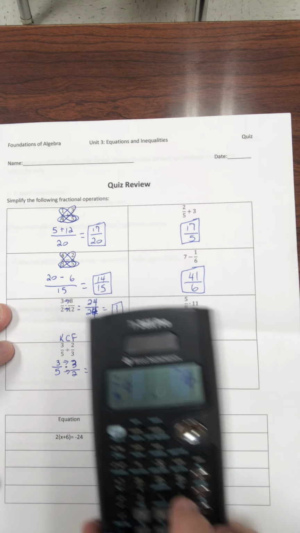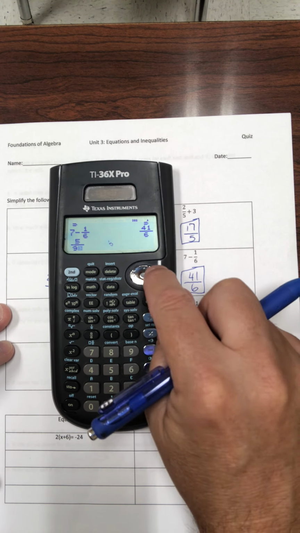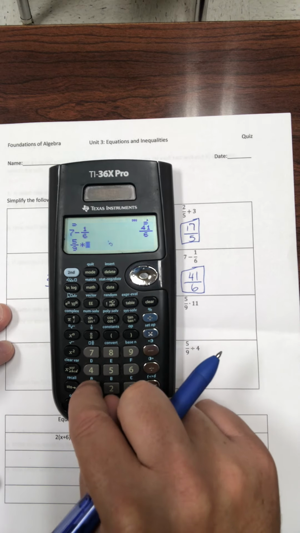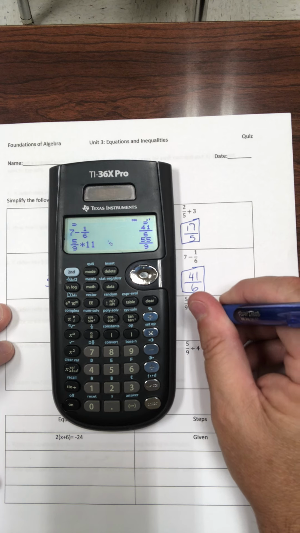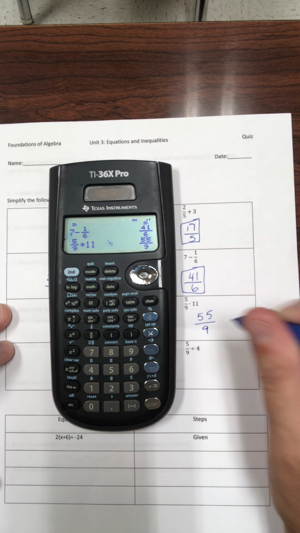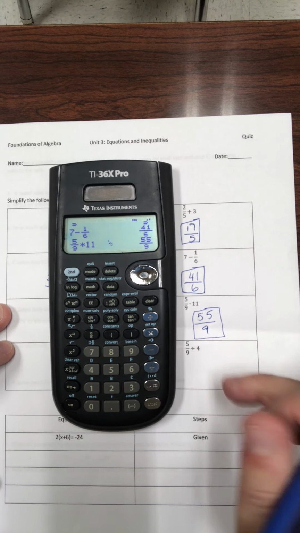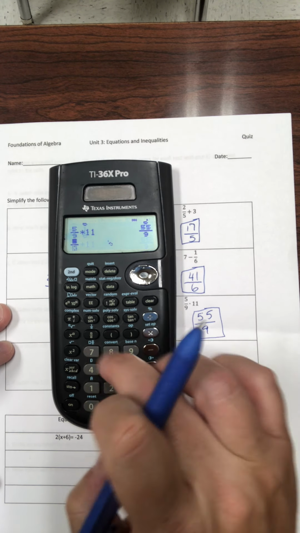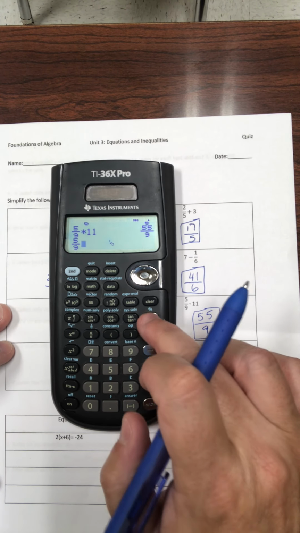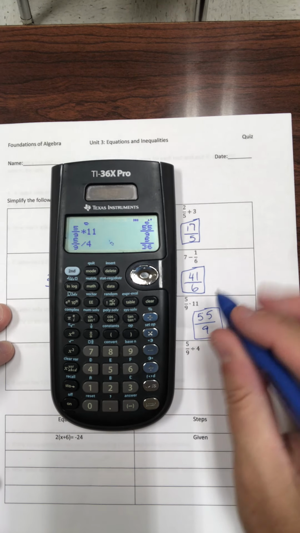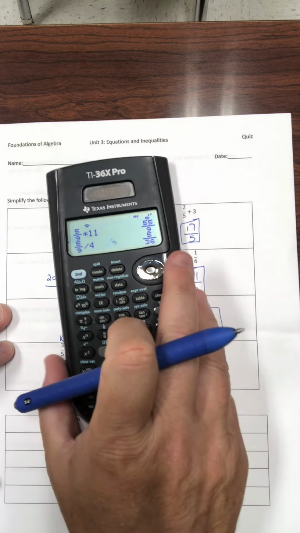Let's do 5 over 9 times 11, which is 55 over 9. And then 5 over 9 divided by 4 is 5 over 36.